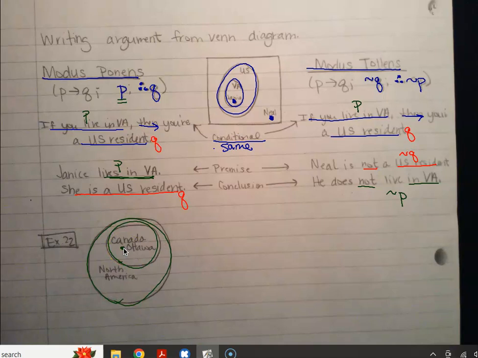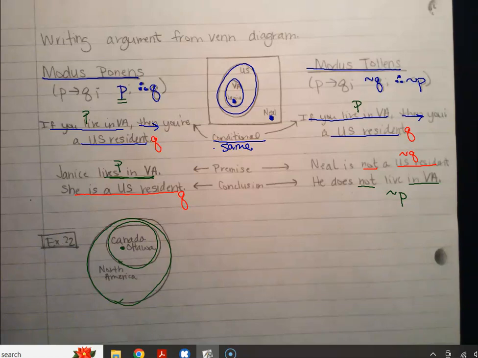Okay, so let's get our conditionals written. Write the modus ponens or modus tollens argument illustrated by each Venn diagram.